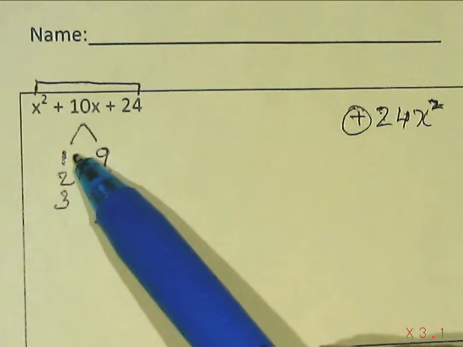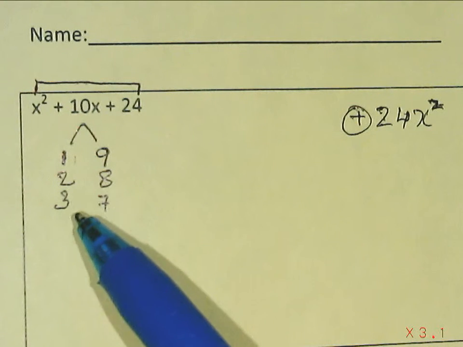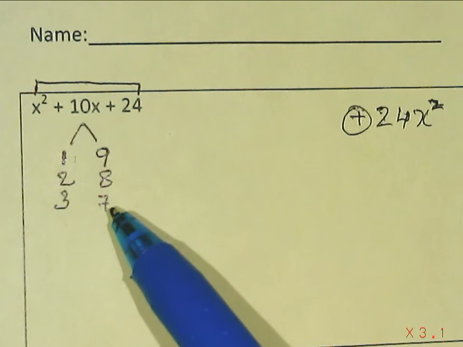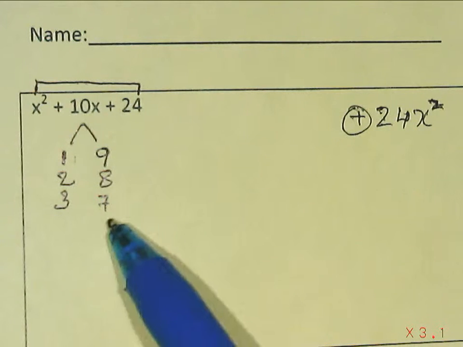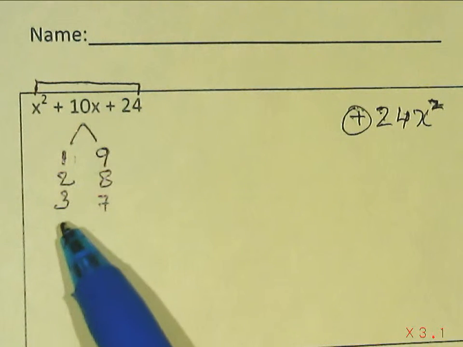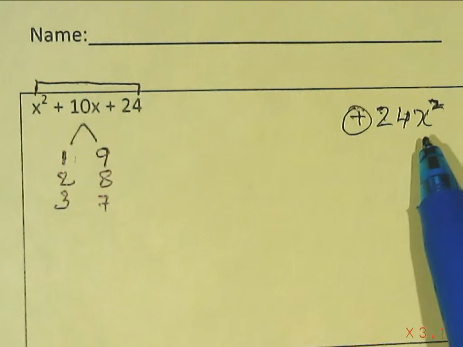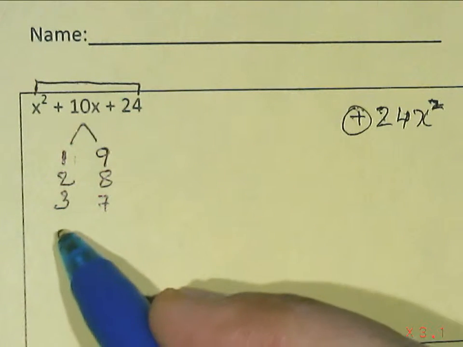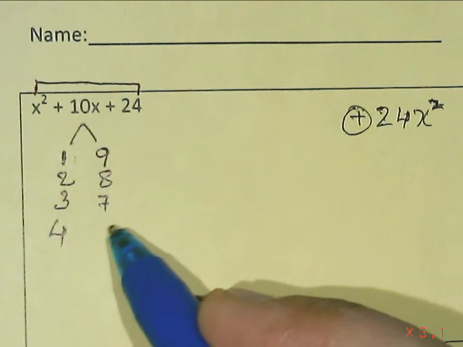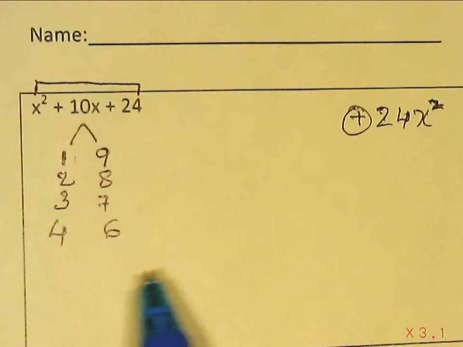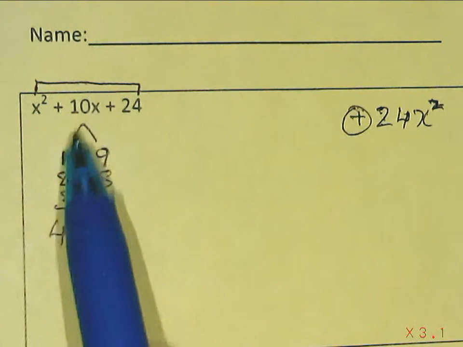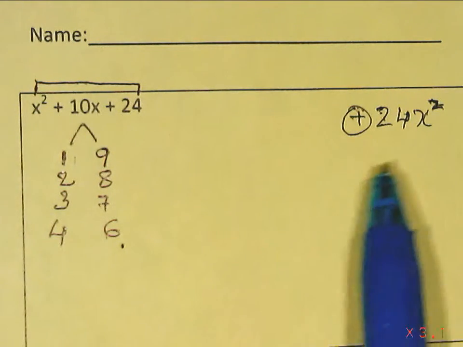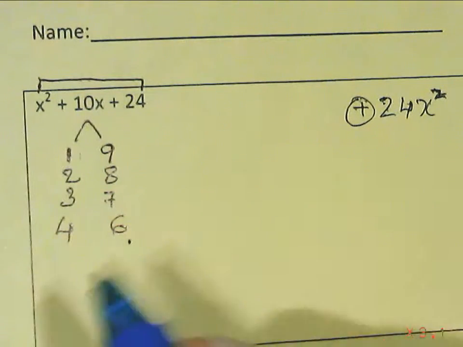Notice the pattern. I'm going in increasing order here and in decreasing order here. So 3 plus 7 makes 10, but 3 times 7 is not 24. So let me take 4 and 6. 4 plus 6 is 10. 4 times 6 is 24. So we go with this one.